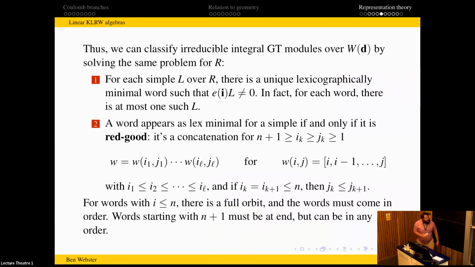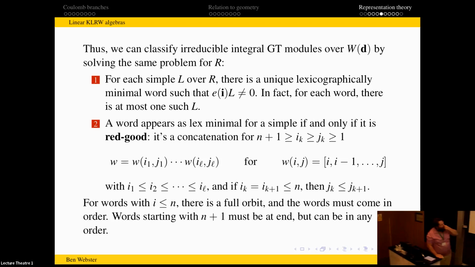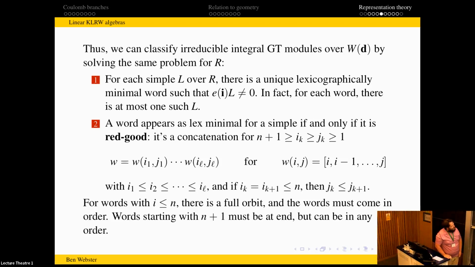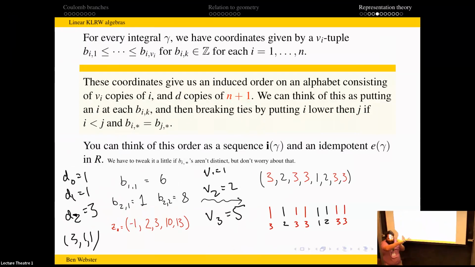So I'll just mention there is a nice combinatorial description of all the simples. For each simple module, there's a nice way of indexing it. You look at all the words where the idempotent corresponds to that word. So I would have a word like this, and then I would think of the idempotent where I have strands in that order.